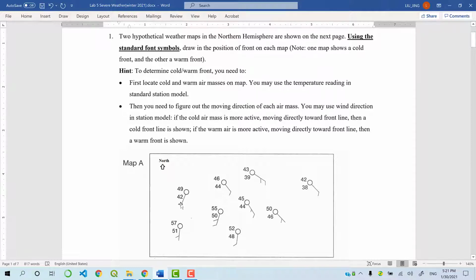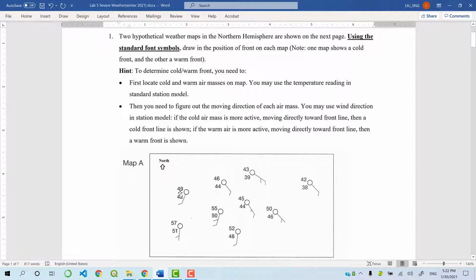On the top, this number is your current temperature, and down here, this number is your dew point temperature, like you learned in our lecture. It's very important to use the temperature numbers only to tell whether the air mass is warm or cold.